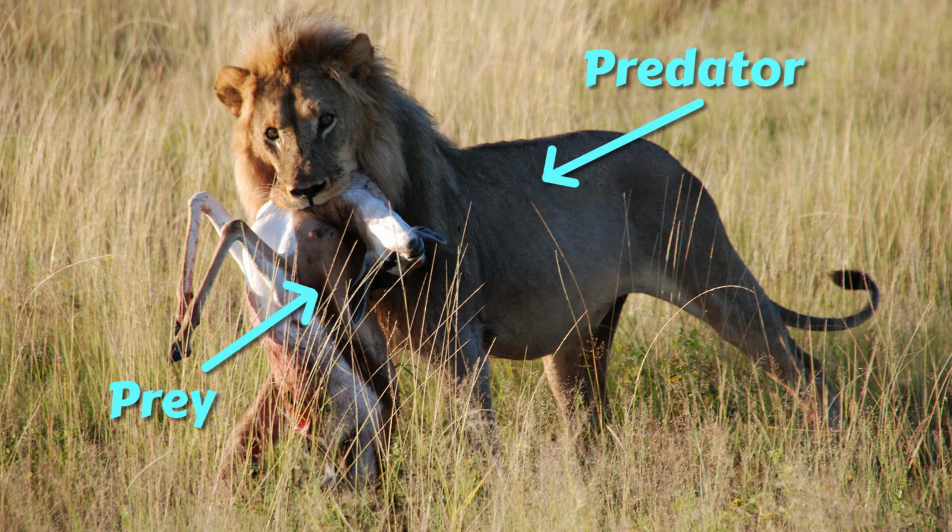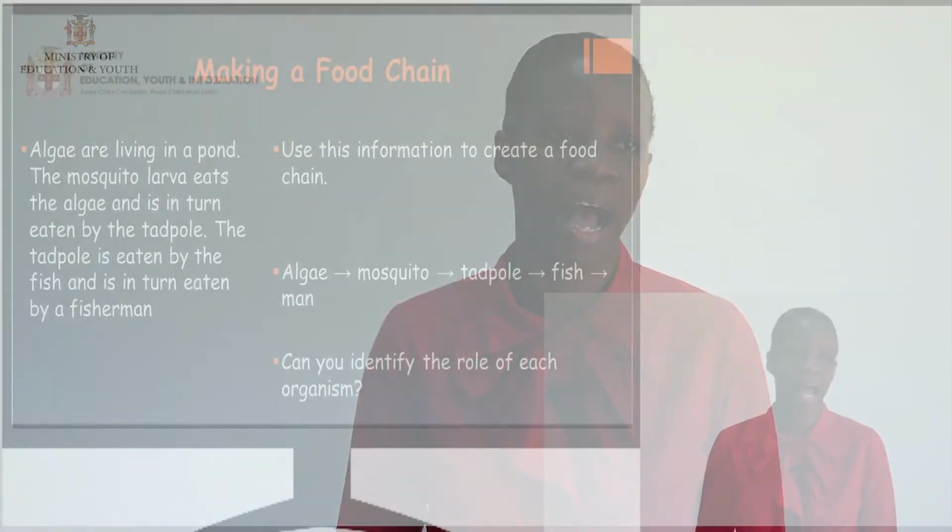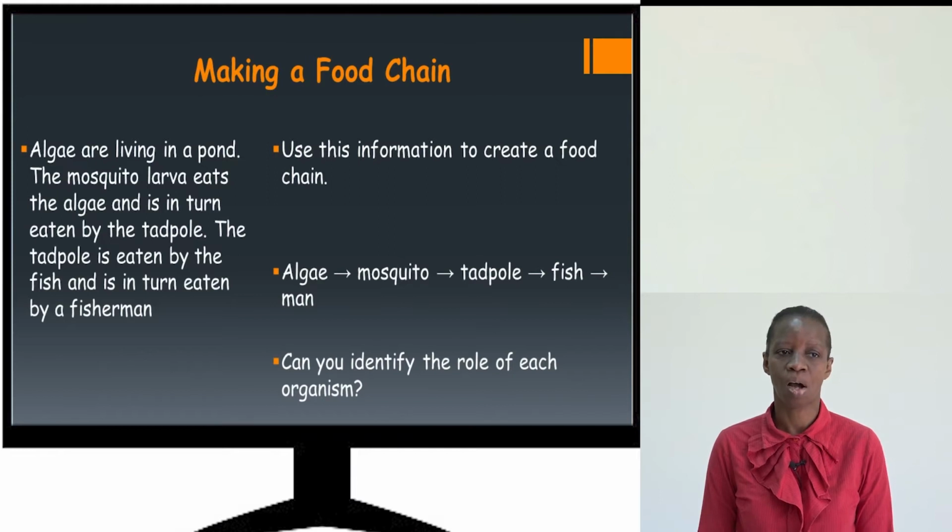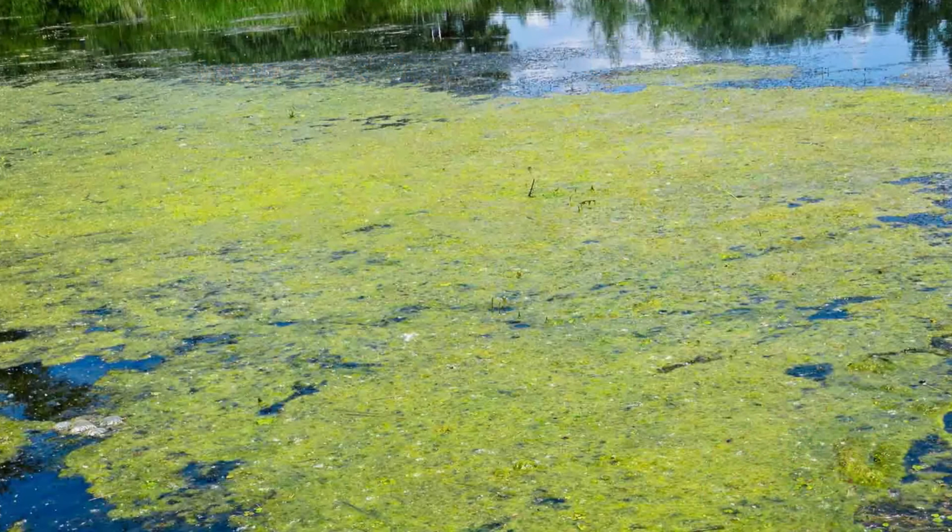All right. Now, how is this useful? This is useful now when we're trying to make a food chain, all right? So we're going to be given this bit of information. Let's look at this. It says algae are living in a pond. So algae, in most cases, you may see some green looking thing growing in water.